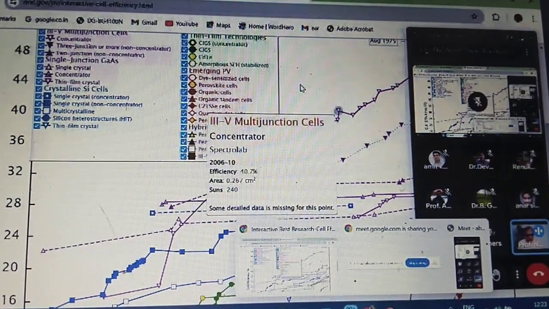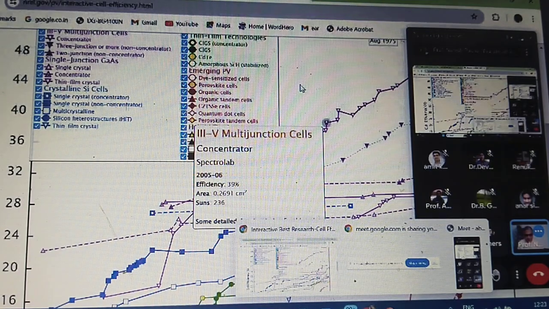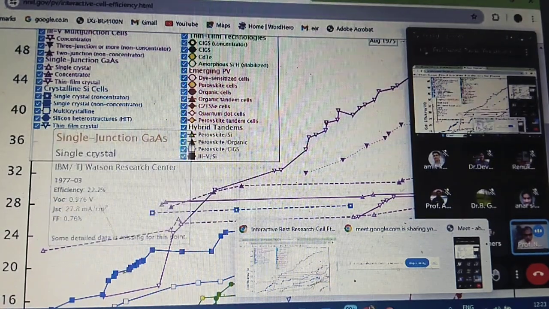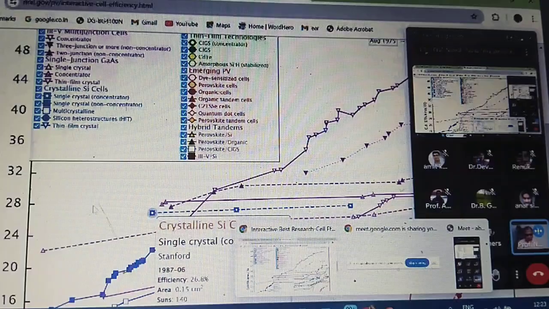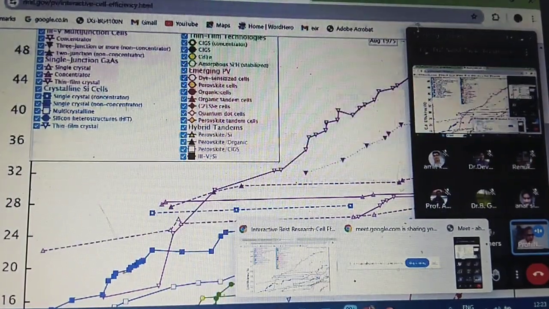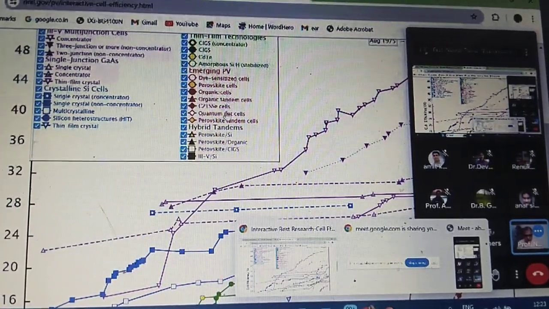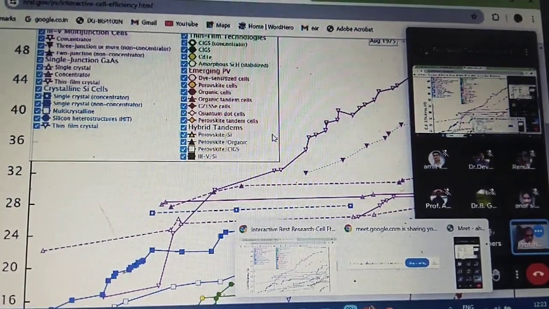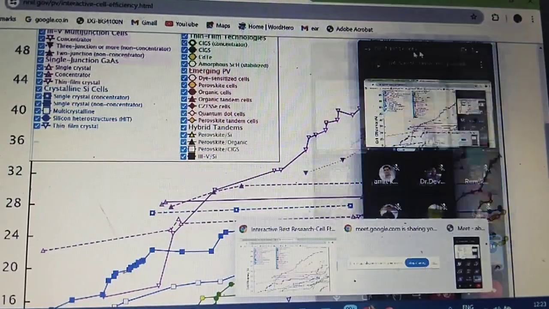This is an interactive table of solar efficiency for the different types of solar cells which are being studied. You see this here. You see CIGS. You see perovskites. Let me settle.